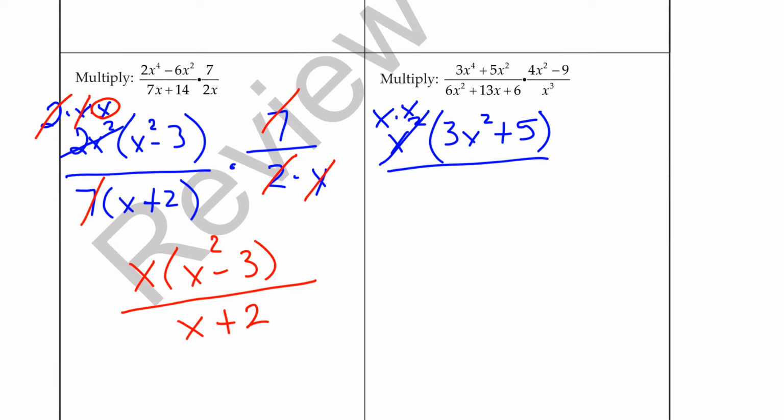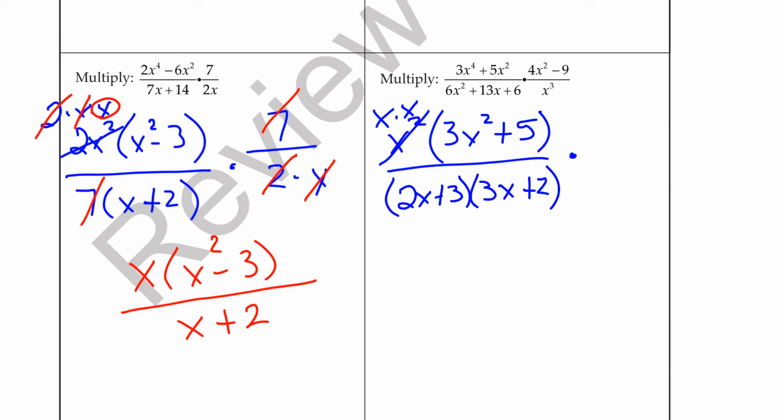In the denominator, we have 6x squared plus 13x plus 6, which factors to be 2x plus 3 times 3x plus 2.